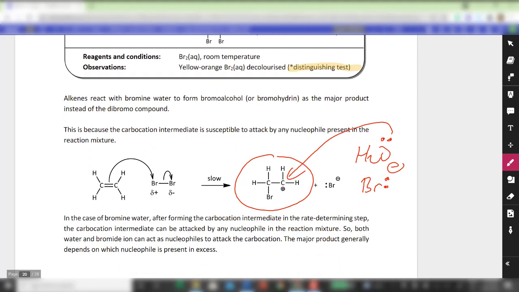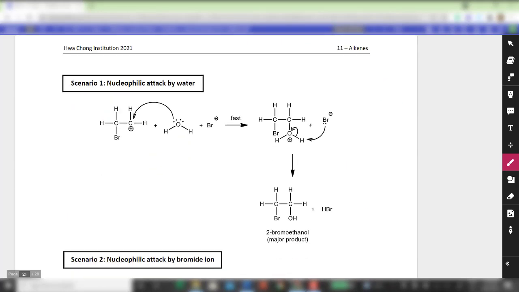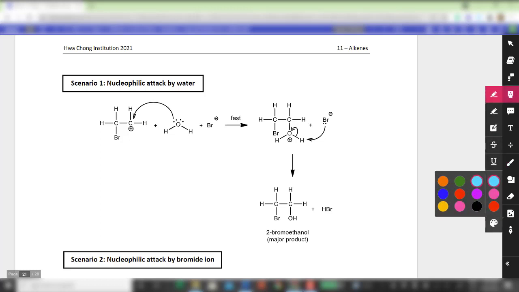So they showcase the mechanism over here. You might be interested to know that the first step is not a simple step, because when the water molecule performs a nucleophilic attack, it is the whole water that attacks and not OH minus.